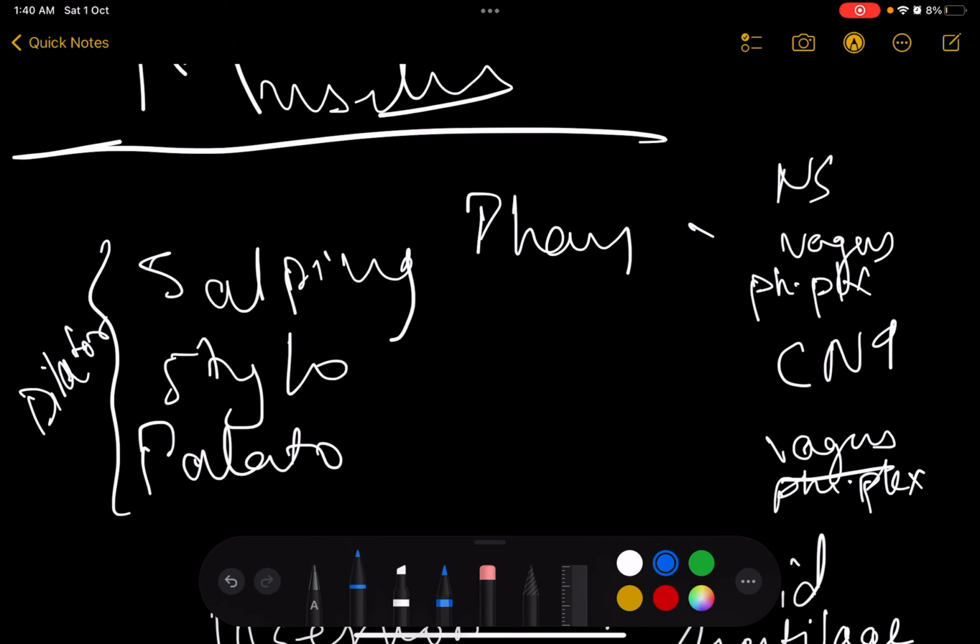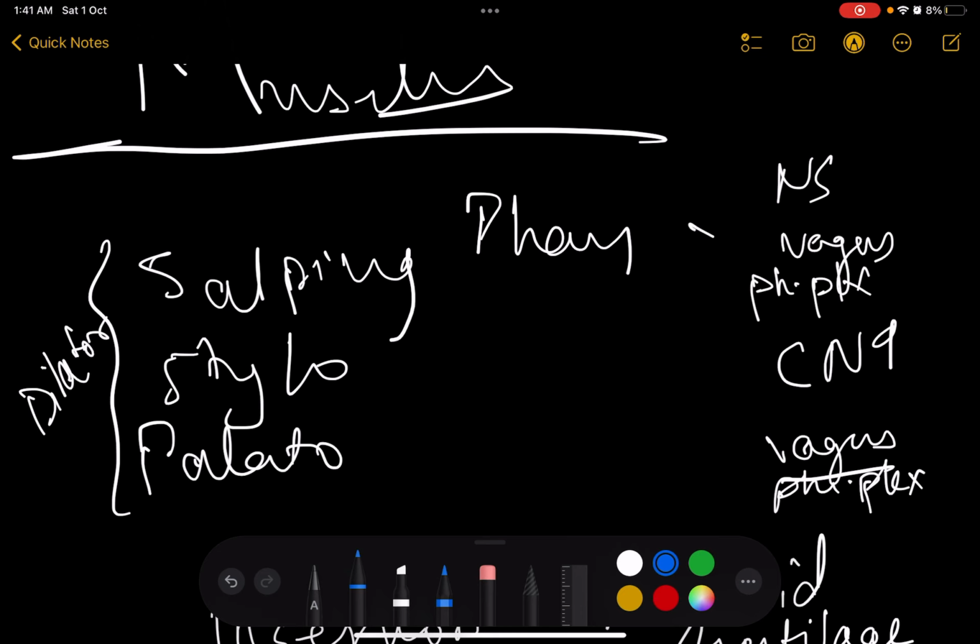Coming to the muscles of the pharynx, there are 3 plus 3, so 3 longitudinal and 3 circular. Longitudinal are the salpingo, stylo, and palato. Salpinx is basically the eustachian tube, so it arises from the eustachian tube of the nasopharynx.